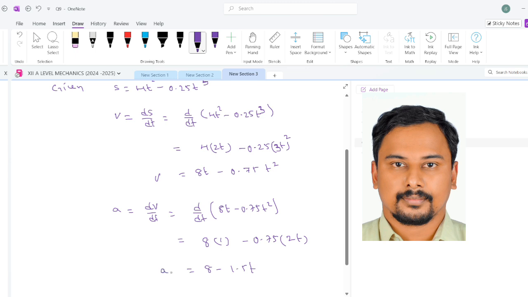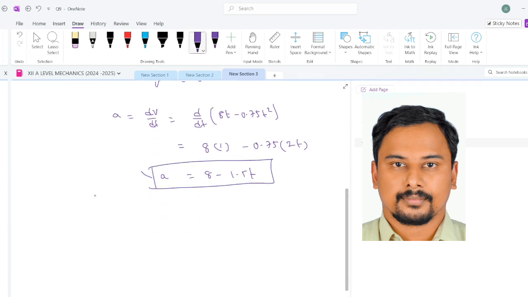Again, to find the maximum speed, what should be taken? We should take acceleration equal to 0. If you take a equals 0, that implies 0 equals 8 minus 1.5t. So 1.5t equals 8, then t equals 8 by 1.5.